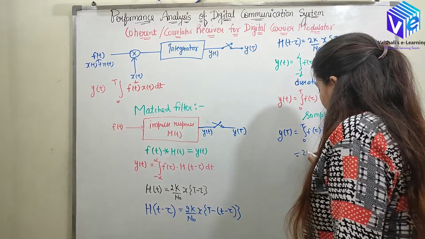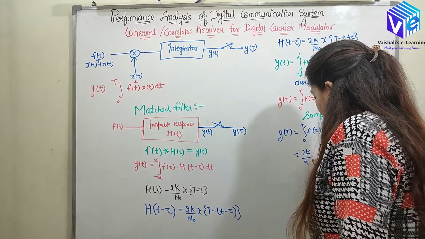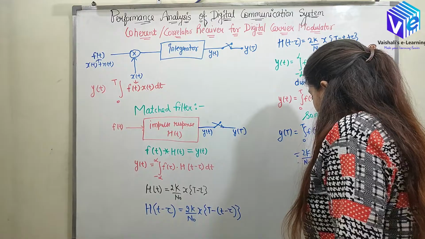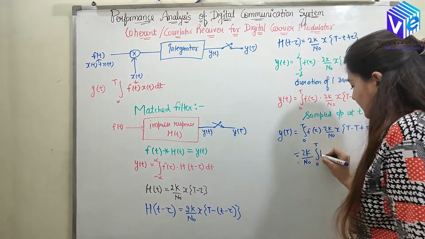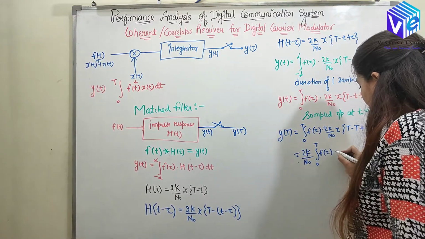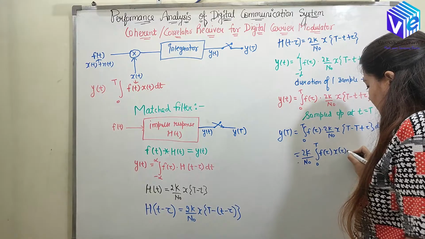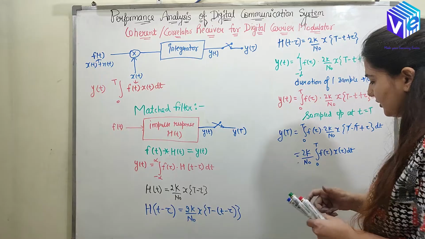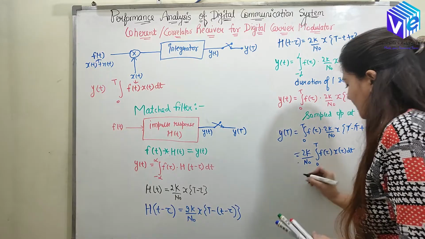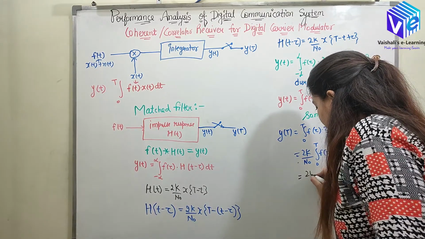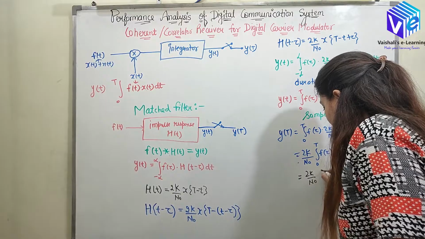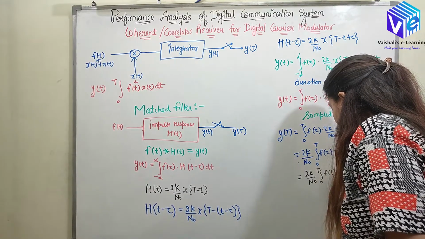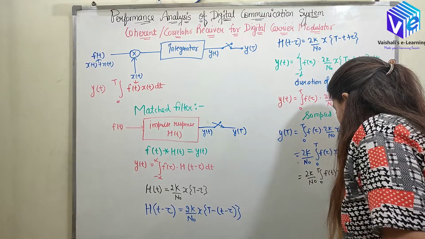Which is equal to, I can take this 2k by N0 outside, and the integral from 0 to T of f(tau) x(tau) d tau, because this T and T will get cancelled out. So I can write it as 2k by N0 times the integral from 0 to T of f(t) x(t) dt.